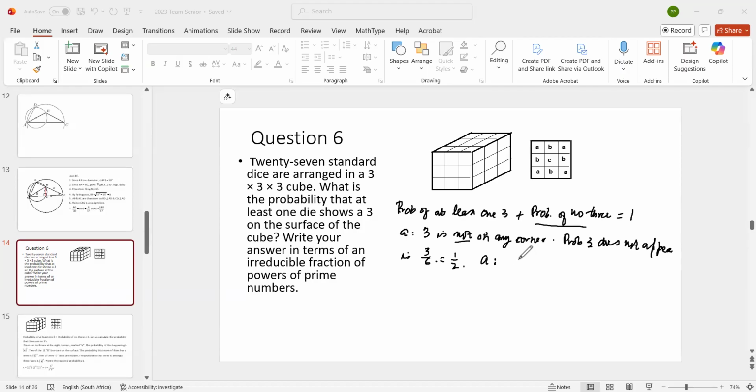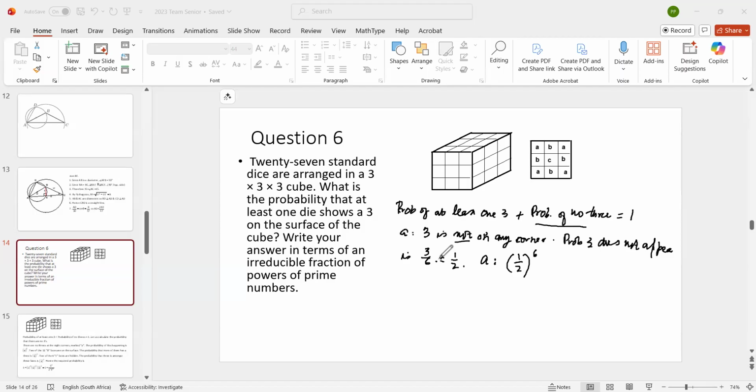When you take A, the probability is a half to the power of 8. At each corner, the probability the 3 does not appear is a half. And there are 8 such corners, so you multiply all the different probabilities.